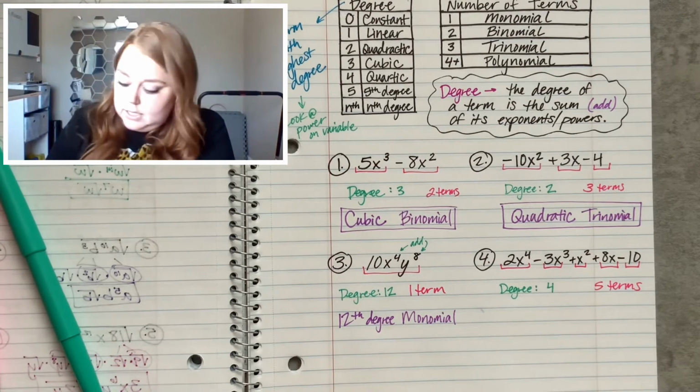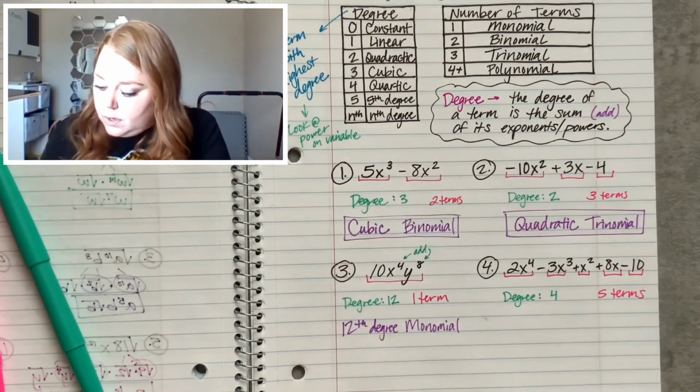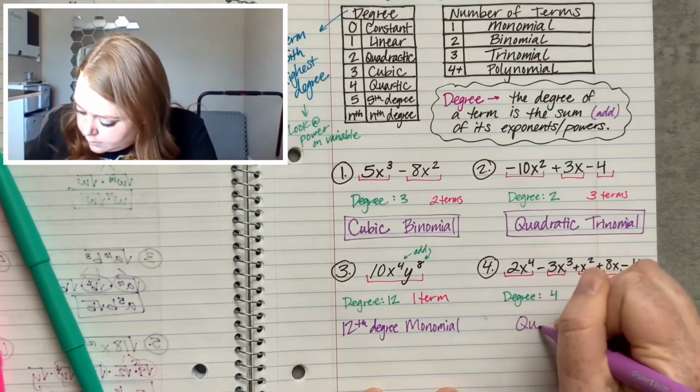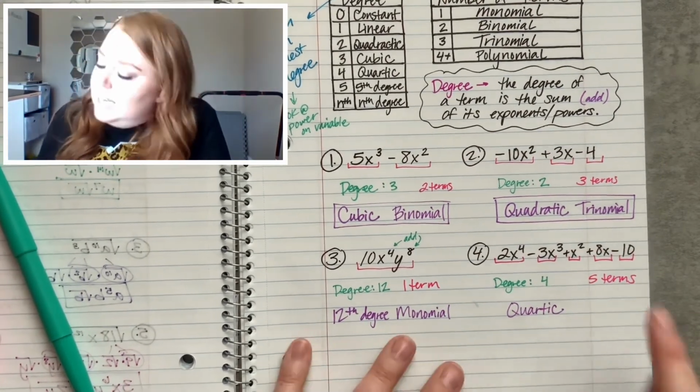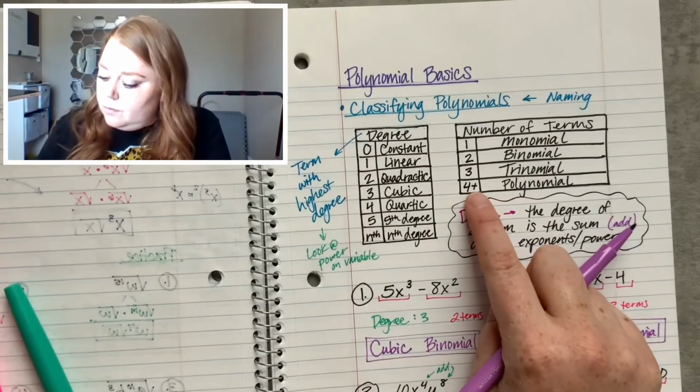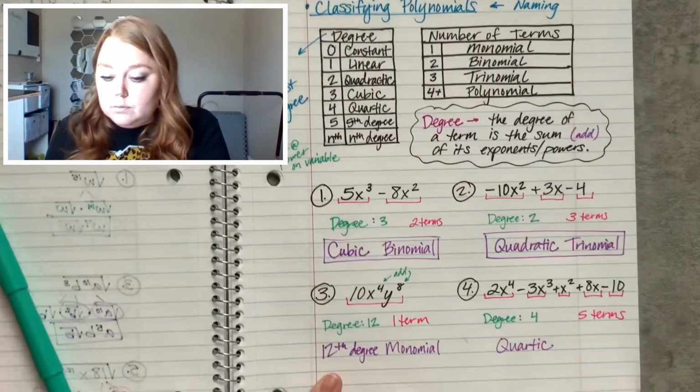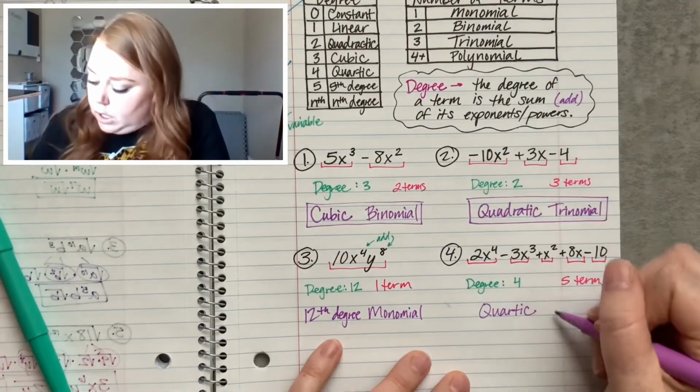Okay, and then to name it, you look at a degree of 4, that's a quartic. And then 5 terms. Anything with 4 or more terms, we just call it a polynomial.